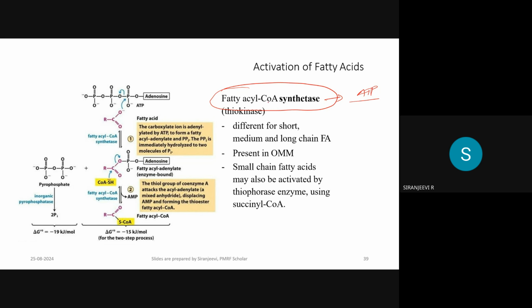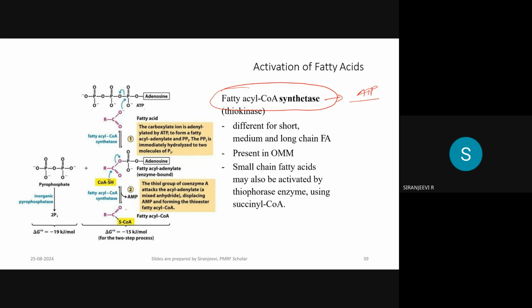Synthetase usually uses ATP, whereas synthase usually doesn't. So fatty acyl CoA synthetase uses the ATP and transfers the CoA group, forming fatty acyl CoA in a two-step reaction. First, it forms the fatty acyl adenylate. Then, by the removal of the AMP, the fatty acyl CoA synthetase forms the fatty acyl CoA.